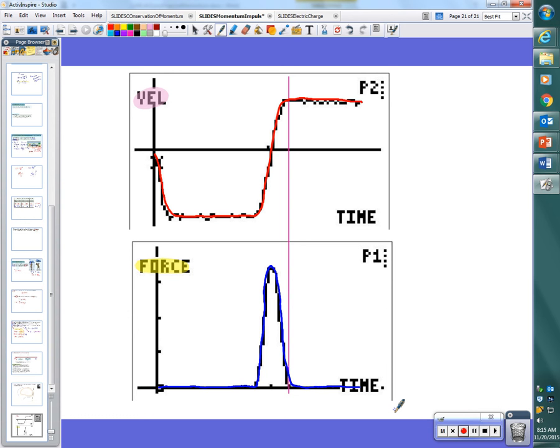Because your LabQuest takes multiple measurements at the same time, we can use this pink line to relate some things. Let's go here to begin with. On the force graph, this is right when the force starts to increase.